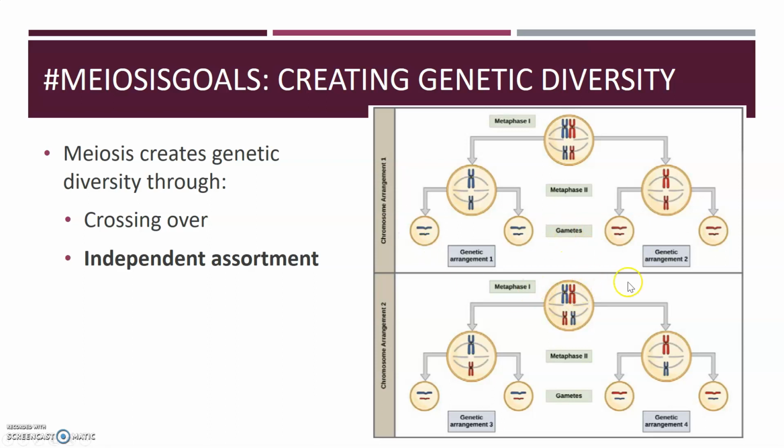Because if you remember, really what we're talking about is a copy of mom's DNA, or maternal copy, and a copy of dad's. And so sometimes you end up with gametes that contain all dad's DNA, or all mom's DNA. And you can also end up with gametes that have a mixture of mom and dad's together. And that is due to independent assortment, or basically just how they line up during metaphase.